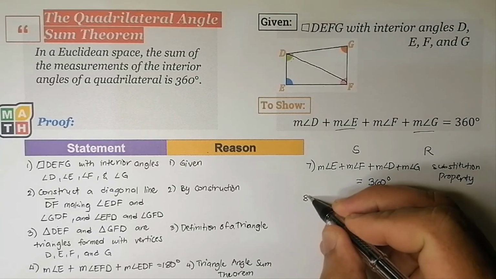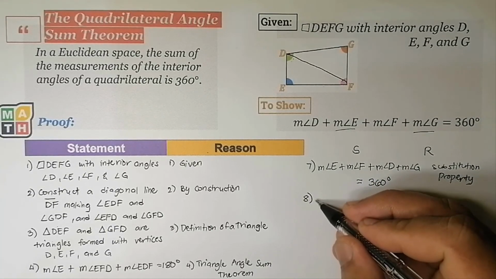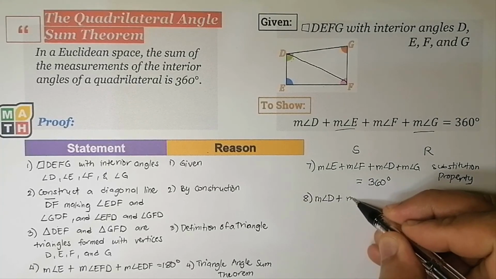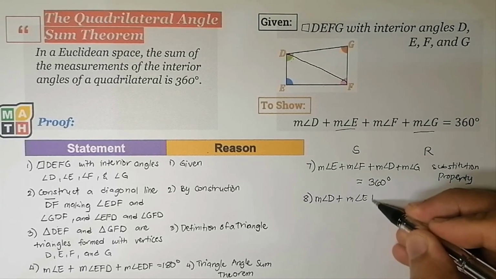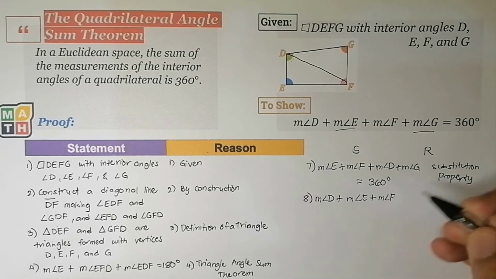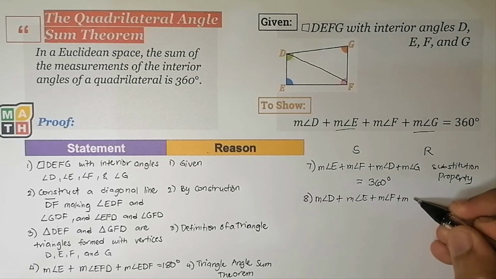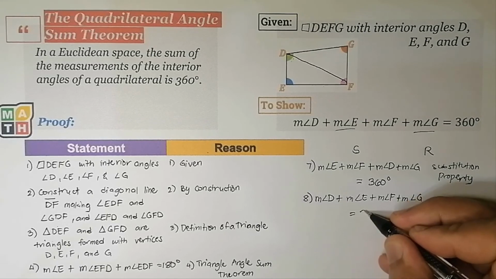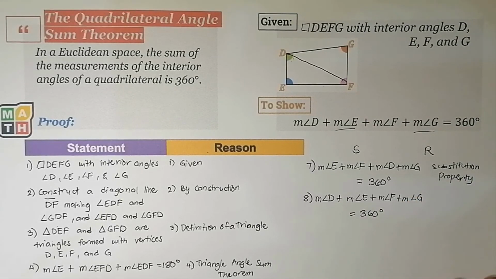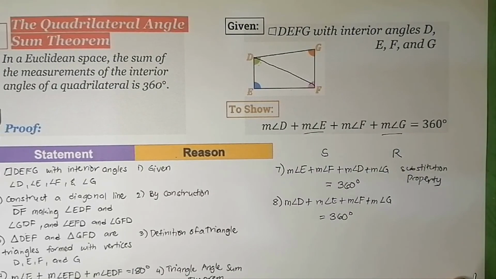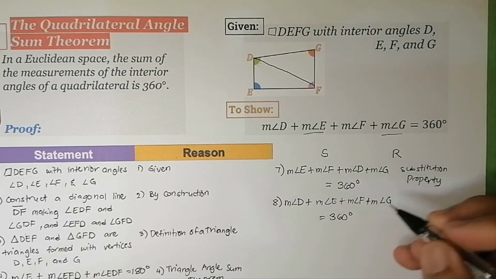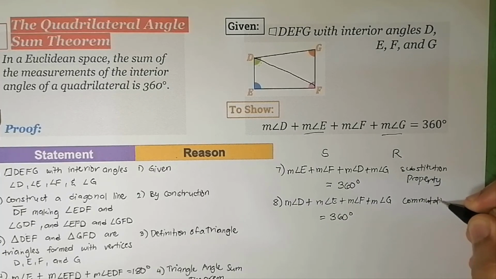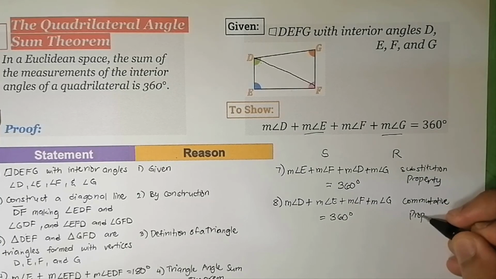So we just simply have to add another statement. We rearrange it to measurement of angle D plus the measurement of angle E plus the measurement of angle F plus the measurement of angle G is equal to 360 degrees. And the reason for that is simply arranging terms under commutative property.